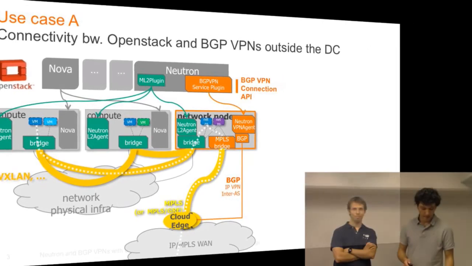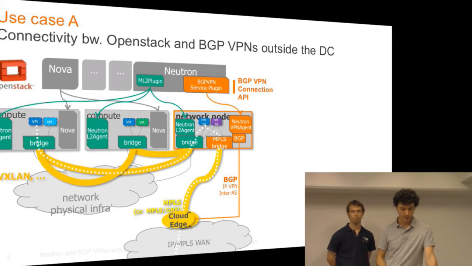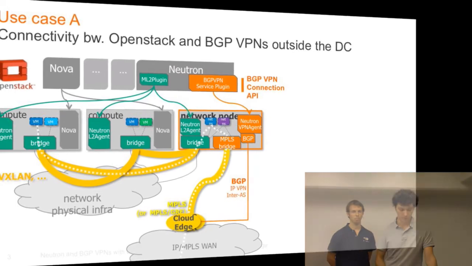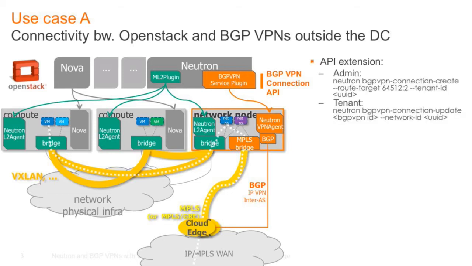Thank you, Thomas. As Thomas told you, this use case is about connecting external MPLS VPNs to internal Neutron networks. To do so, a new API extension is proposed.